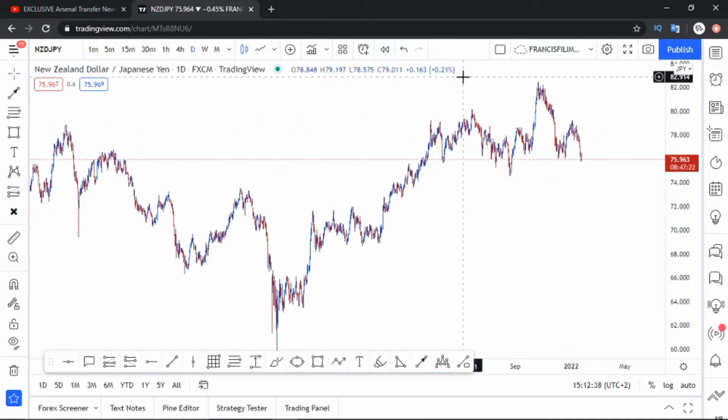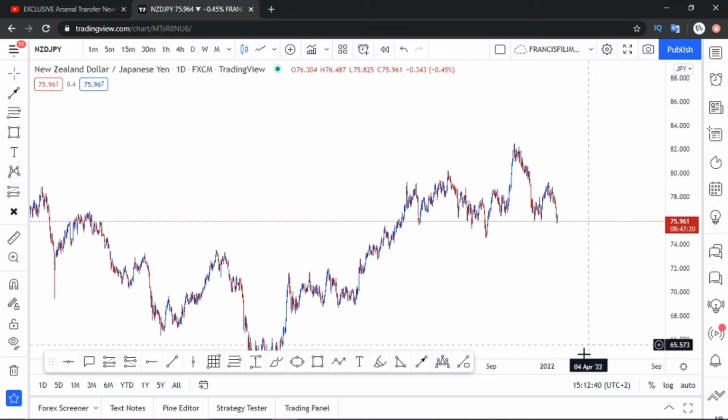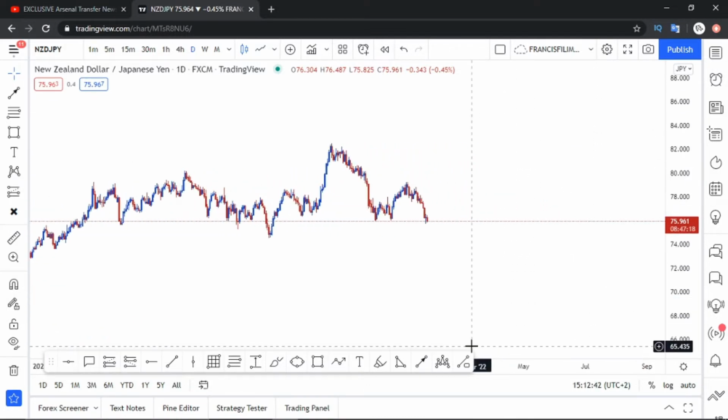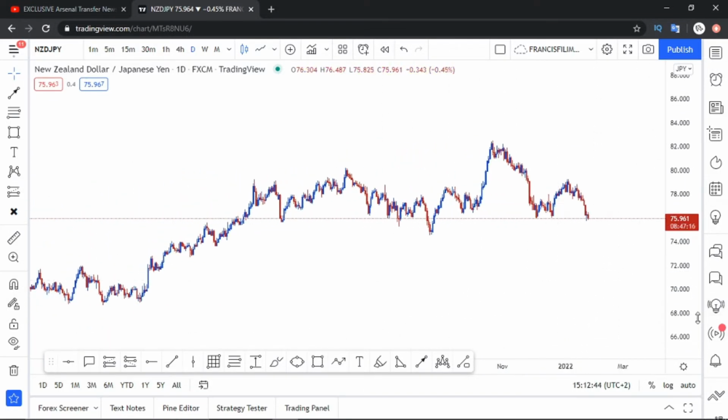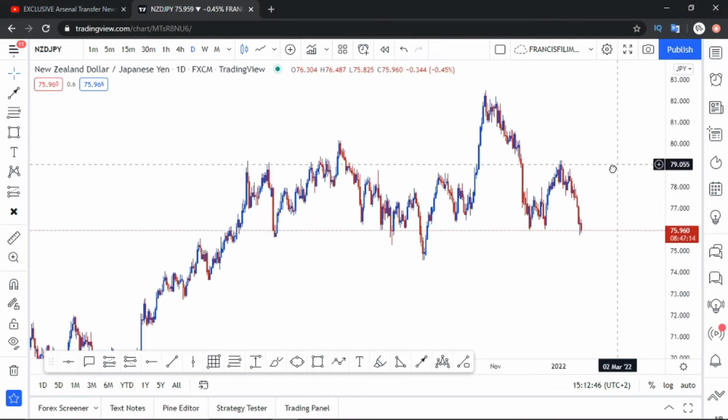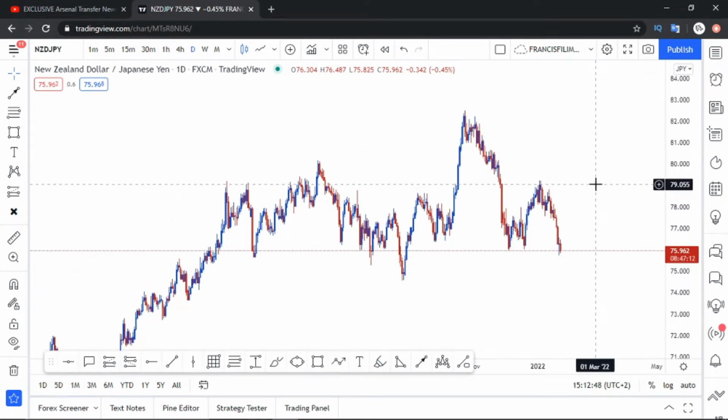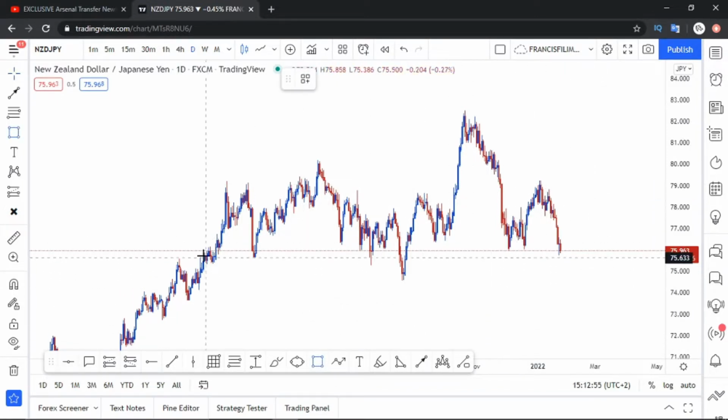So let's start analyzing. I'm going to move closer to recent price action so that I can get my analysis and see what I'm seeing right now. So the first thing I want to get is my support and resistance guys.